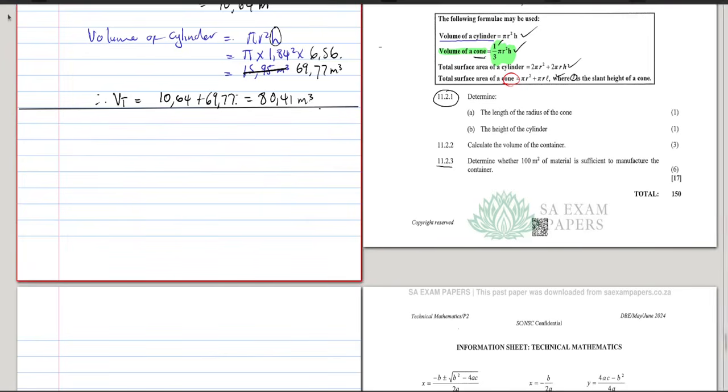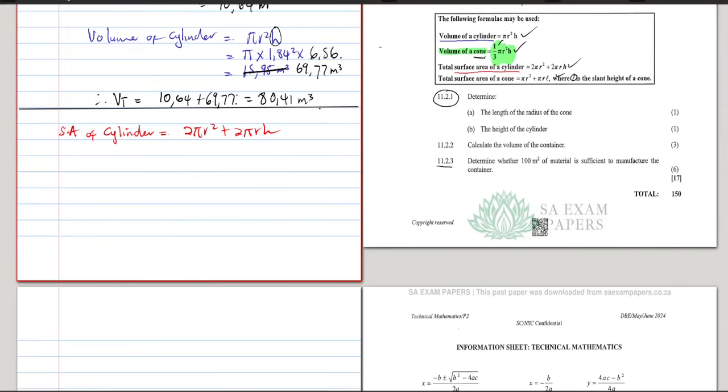the whole calculation is not completely wrong, I just made a couple of assumptions here. Look, the total surface area of a cylinder is going to be this. In fact, let me say the surface area of a cylinder is equal to 2 pi r squared plus 2 pi rh.